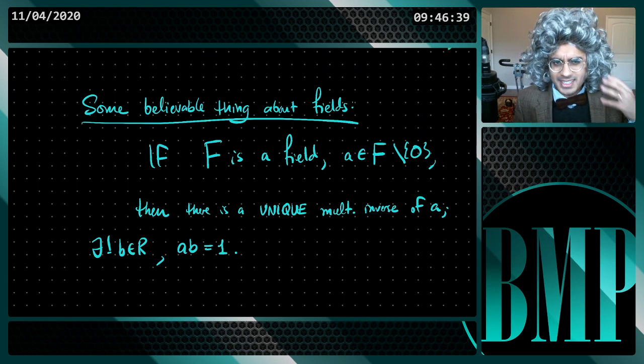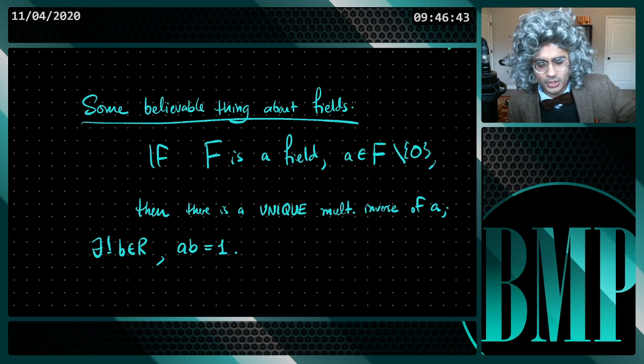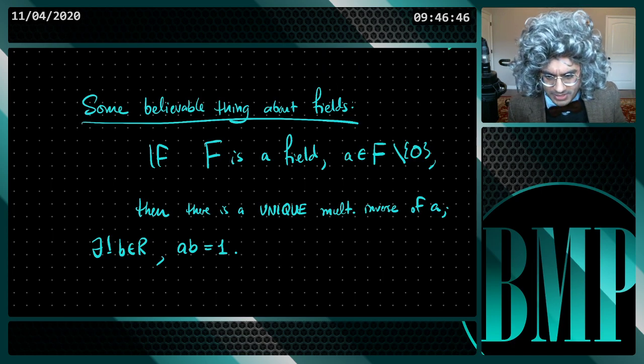So there's a unique multiplicative inverse. I don't want to do this proof. Look at the group theory proof. Same proof. Okay, awesome.